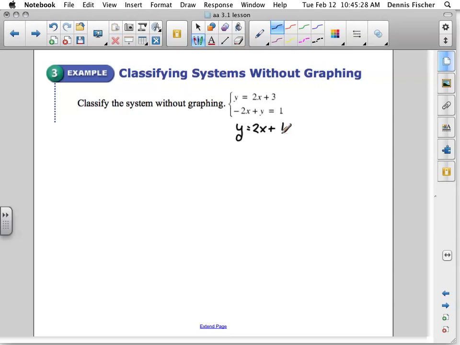If I was looking at this system, write down what the answer is. It's classify the system without graphing. If I was looking for a solution, what would my solution be to this system?